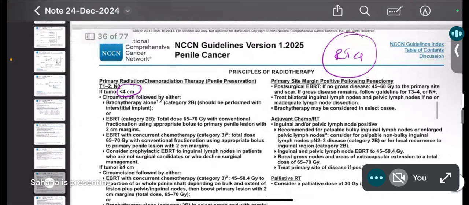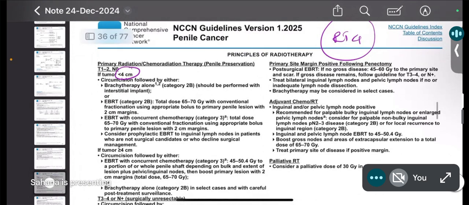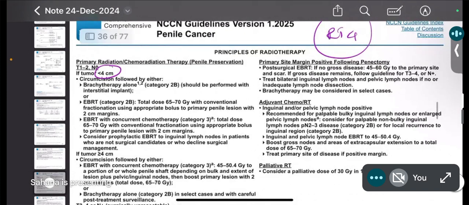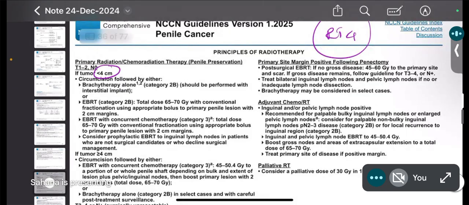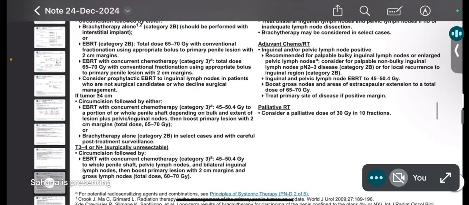So in radiotherapy, for early disease, we saw the cutoff as 4 centimeter. Then following penectomy, post surgical, if no gross disease. So indications for this one will be T3, T4 and N+. This is unresectable.